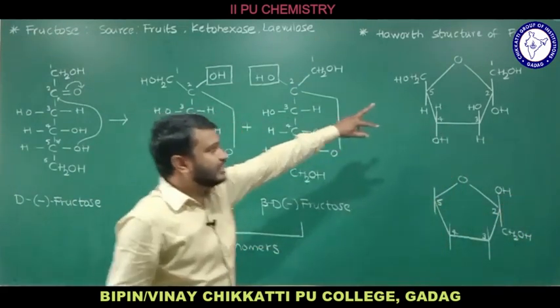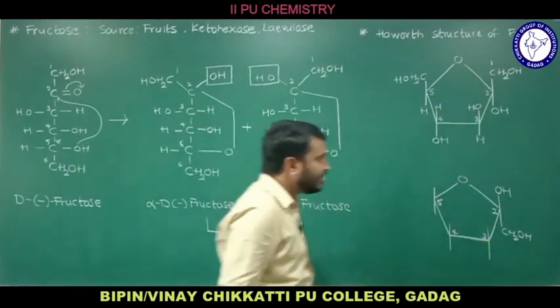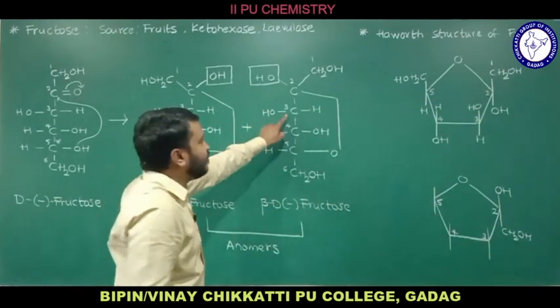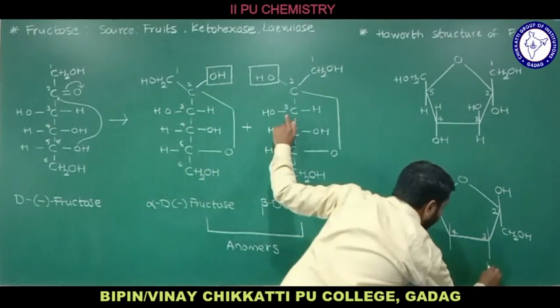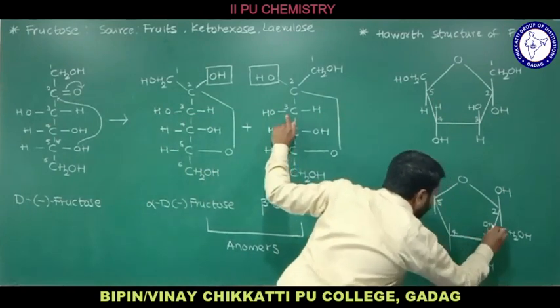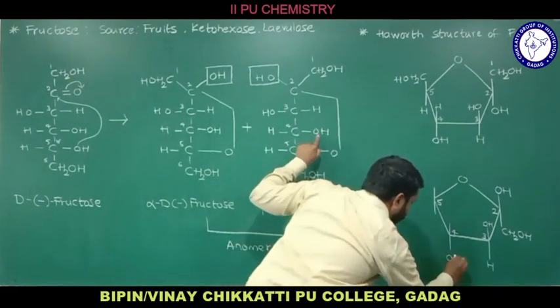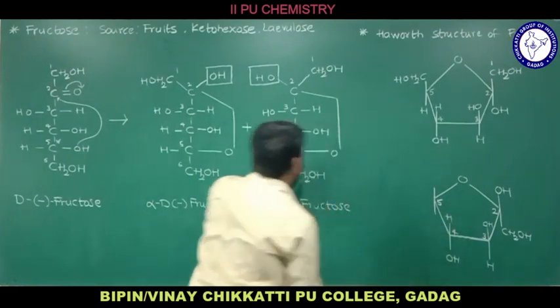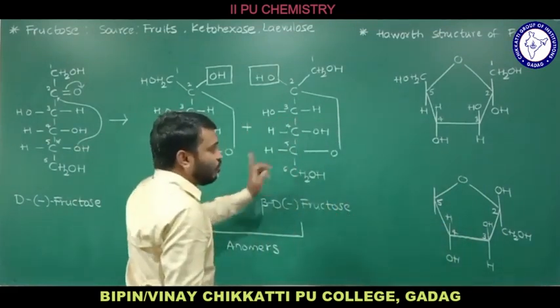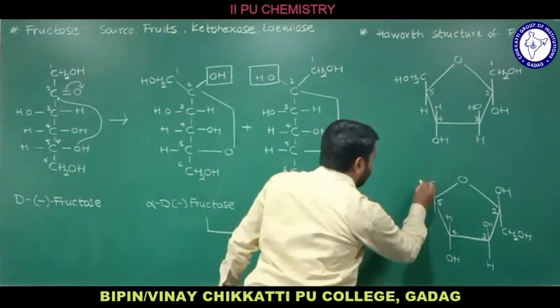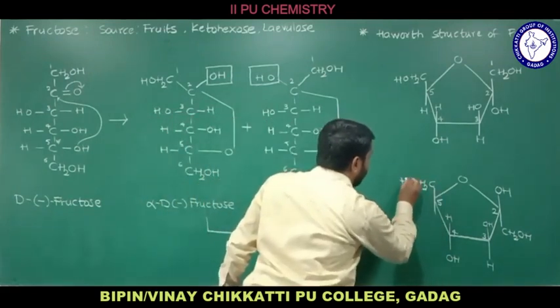Just see, that is exactly the interchange. On carbon number 3, H is on the right side, therefore H I place below, OH I place above. Carbon number 4, OH is on the right side, therefore OH below, H above. Carbon number 5, we have CH2OH here.